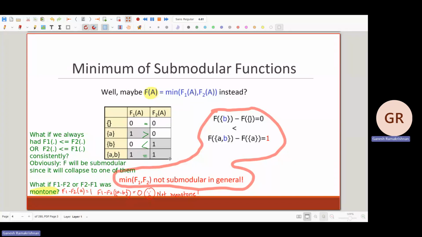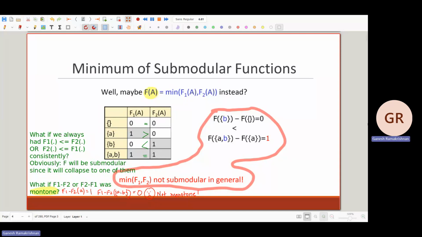I've posed more questions, but can you use a similar approach to show that max is not submodular? You'll have to construct a table like this. Do you think it's possible? When you prove something is not true, the best way is to show an example for which it fails. Now, it may be possible that the example is not easy to construct. Think about it for max.